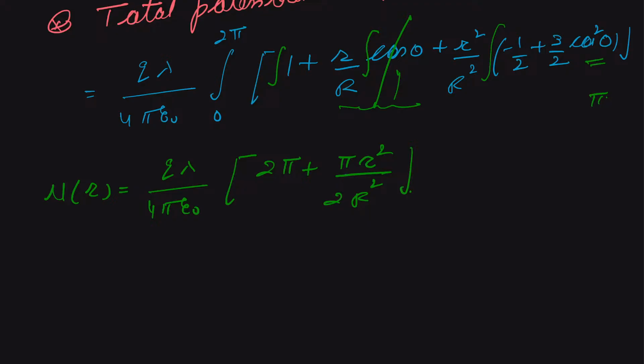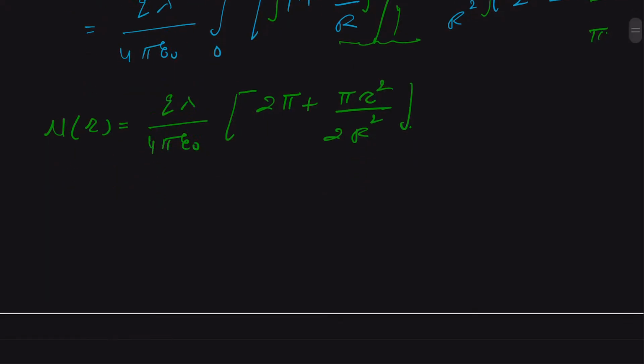And so this can be further written as, you can say that our U of r will be equal to, this gives us q lambda upon 8 epsilon naught capital R square, times r square. Okay, because if you multiply this inside, we get two parts.